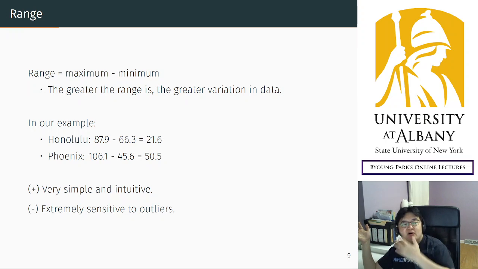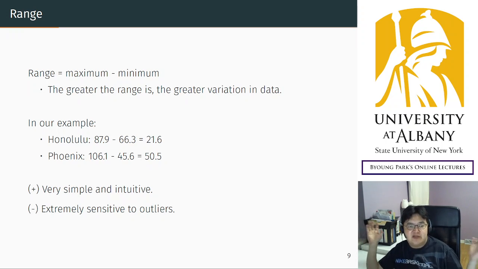You observed weather in Honolulu for the past million days. I don't know if it's possible, but say you measured temperature a million times, and suppose that one of them was 70 degrees, but by mistake you read it as 10 degrees. You mistyped 70 as 10.